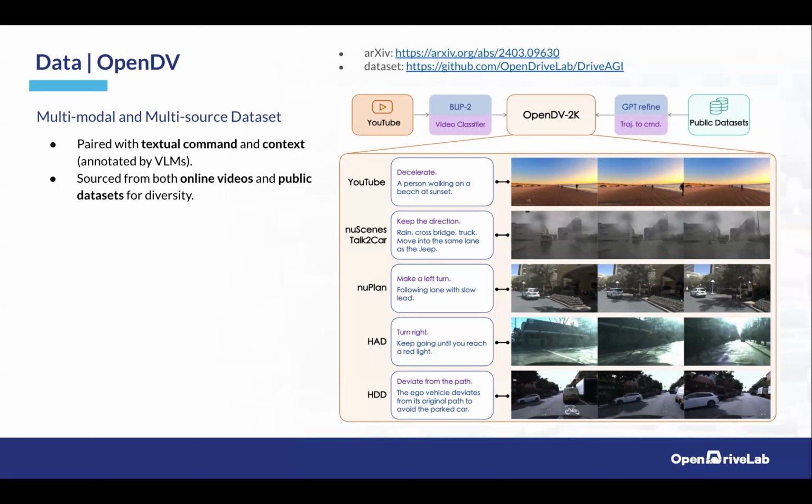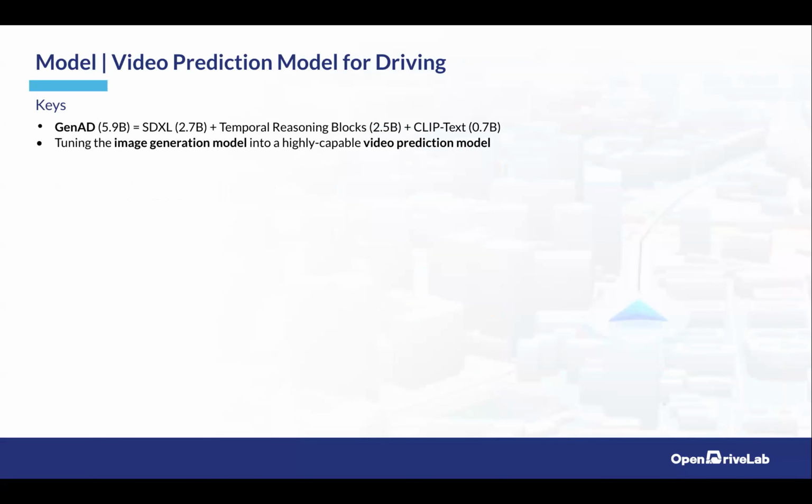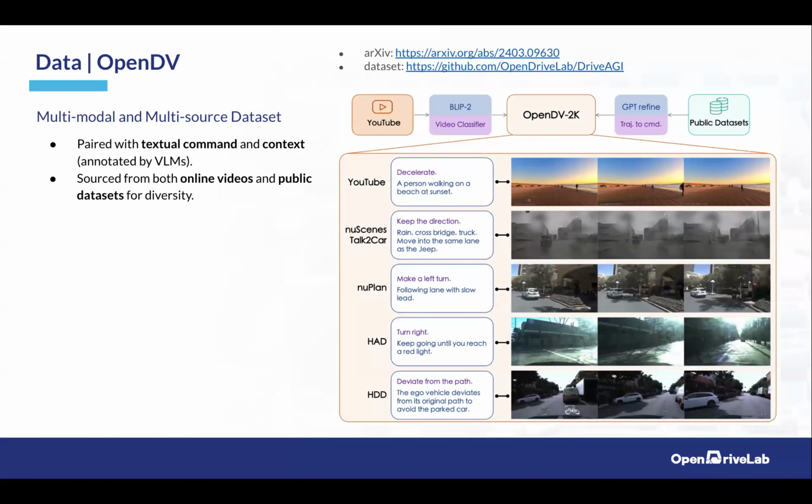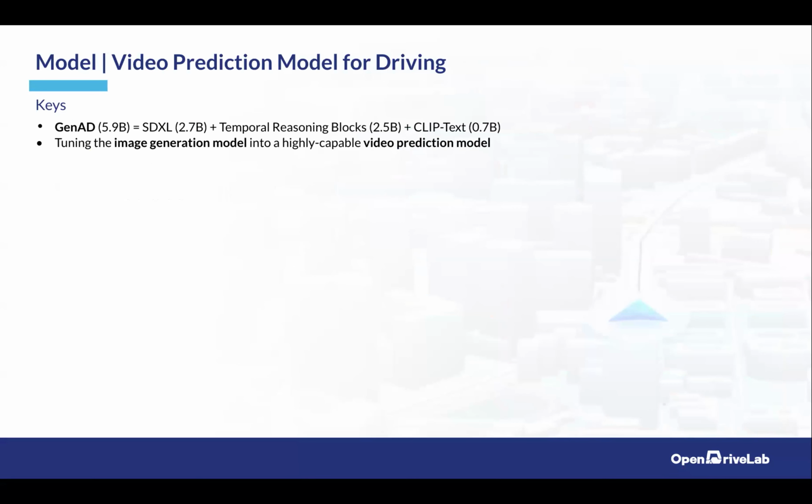The textual annotation includes a high-level command such as go straight, turn left, or turn right, and some context to describe the scenarios. After that, we have large-scale data in driving scenarios, and we can train a very generalizable video prediction model.